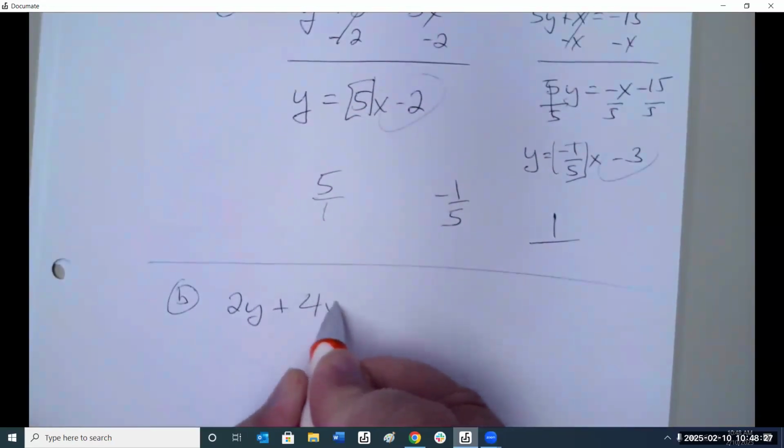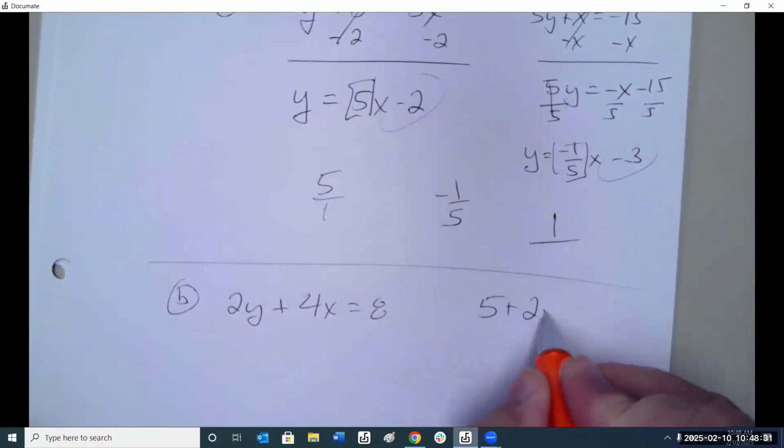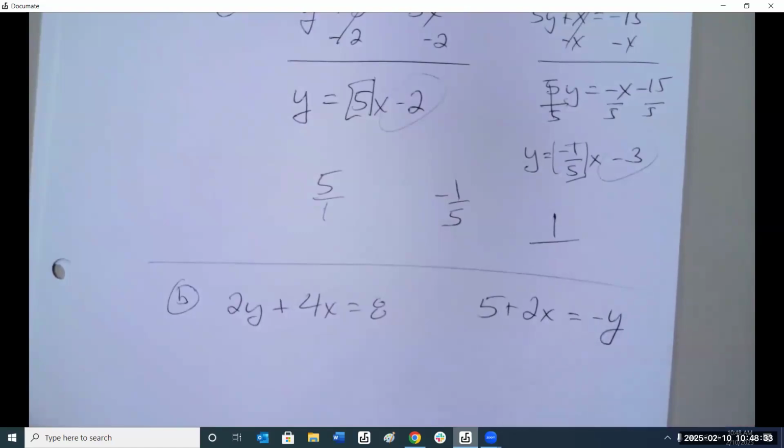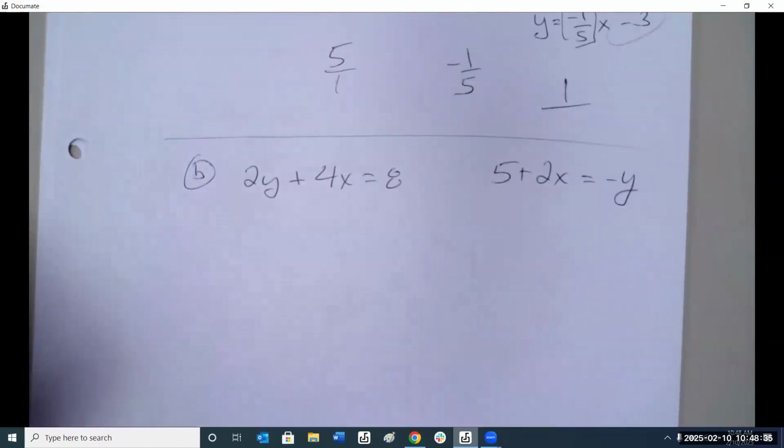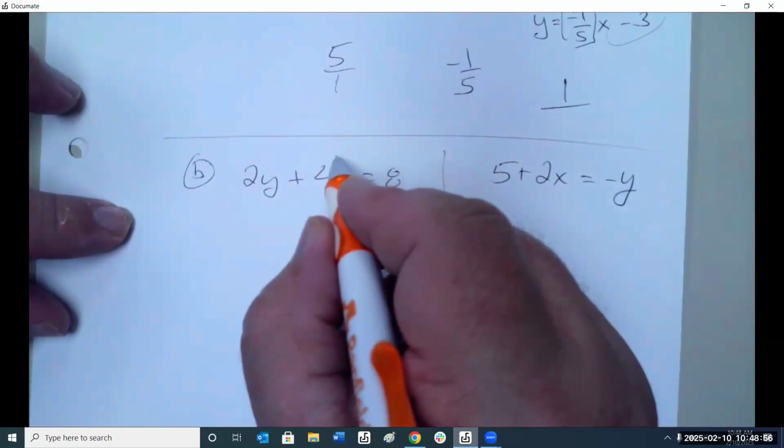Next: 2y plus 4x equals 8, and 5 plus 2x equals -y. First step is what? On the left side, move the 4x over.